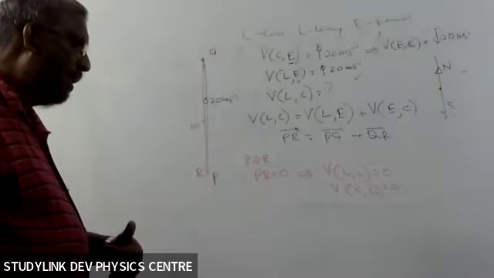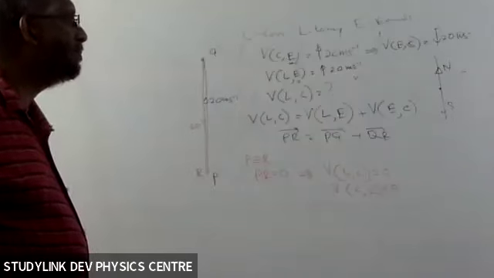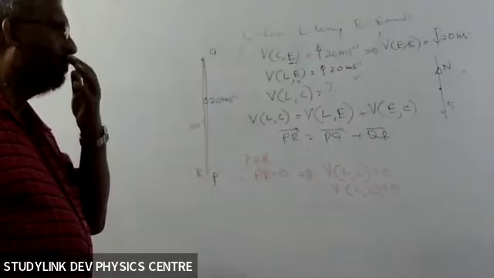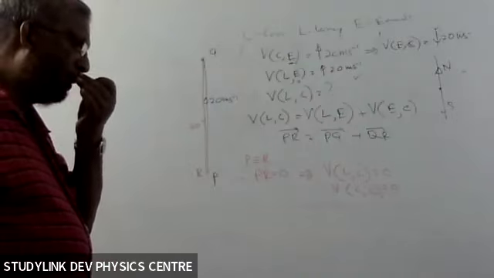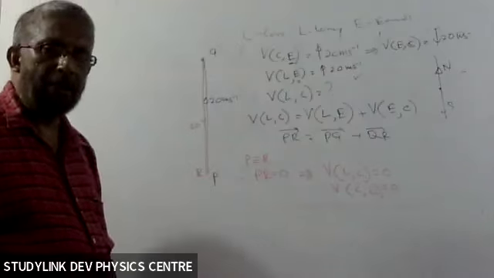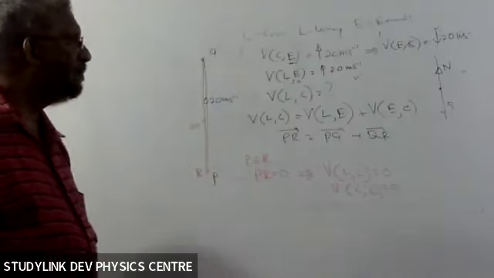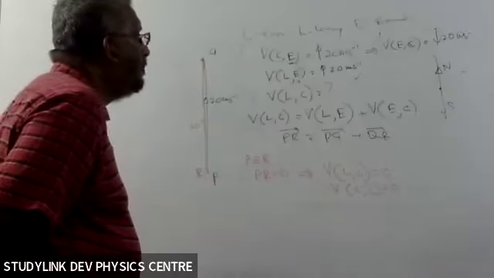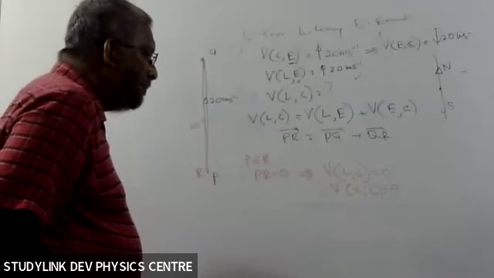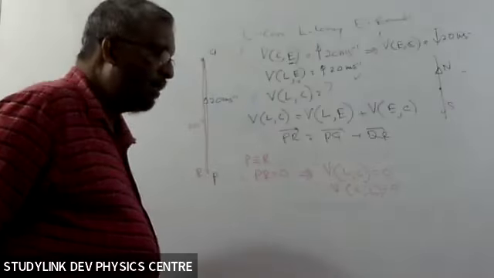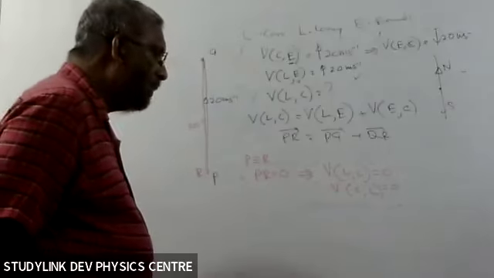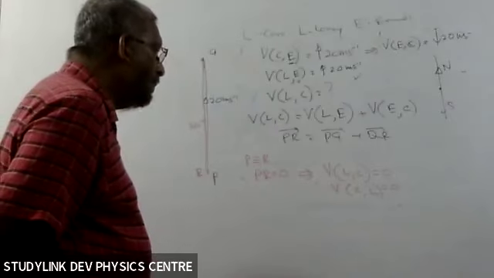Right. Next one. A car is moving towards northeast with a velocity of 8 ms minus 1.